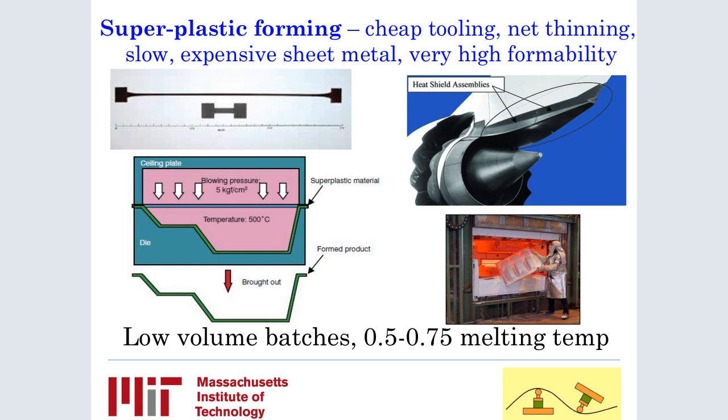You can see now it is forming, this is the substance that is being formed, the sealing plate, and then the formed product. So you can see how it has already bent and formed. This is the die. So it comes in and it forms. You can see the temperature is very high, 500 degrees Celsius. So the formed product is here. It is bent to the form that is needed.